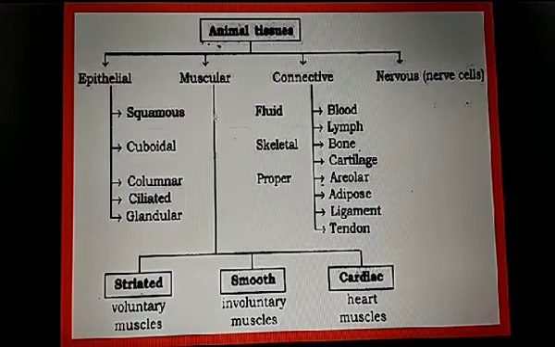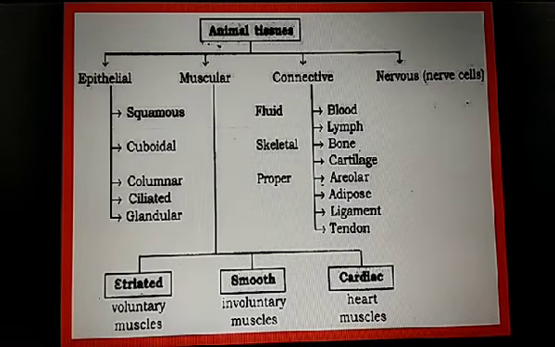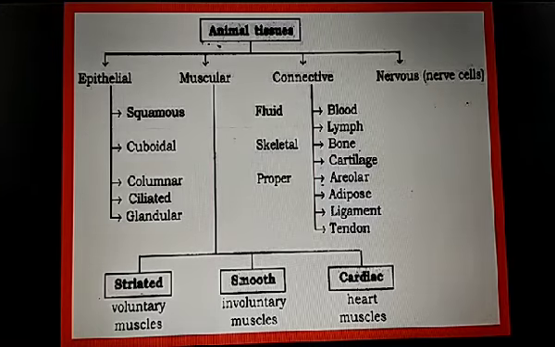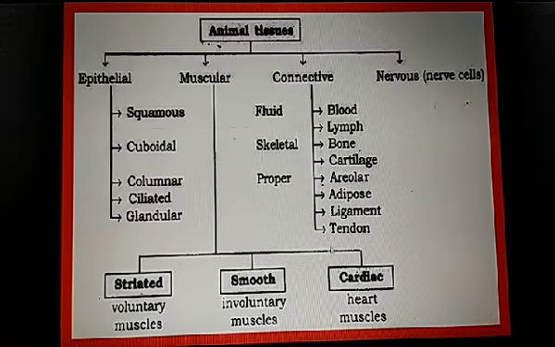Muscular tissue is divided into three parts: striated, smooth or unstriated, and cardiac, that is heart muscles. Connective tissue includes blood, lymph, bone, cartilage, areolar, adipose, ligament and tendon. And lastly, we'll be discussing the nervous tissue.